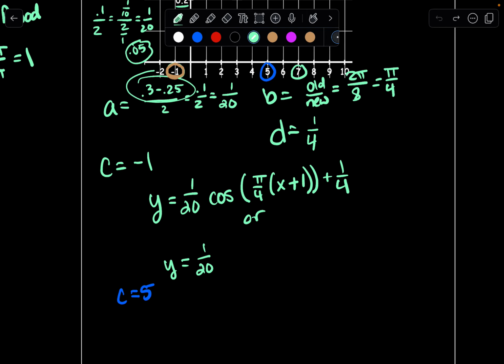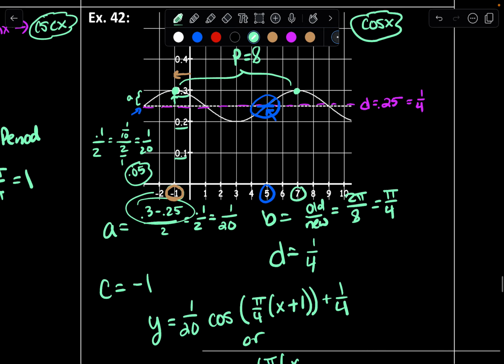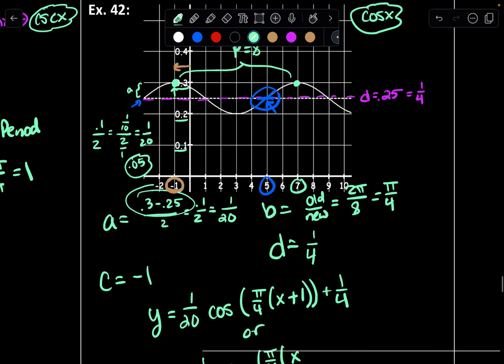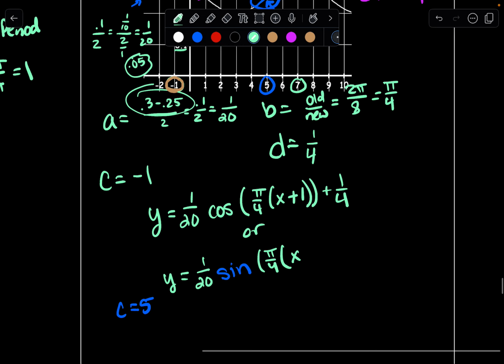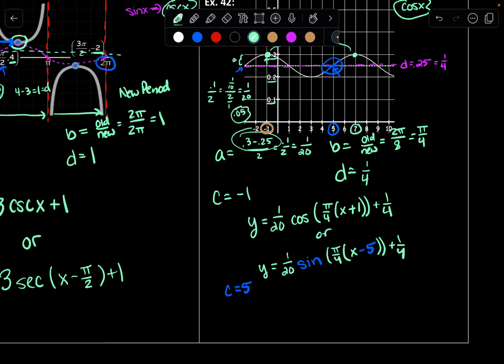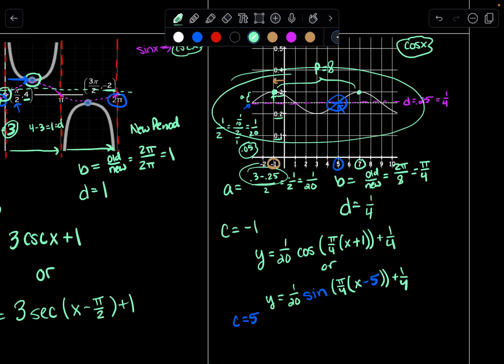So let me do that color. There we go. That way we can see what's changing when we use sine. And then instead of x plus 1, because we went to the left for cosine, we'll have x minus 5, because we're going to the right 5 for sine. There we go. So both of these, if you were to graph these, they would both look like this sinusoidal curve.